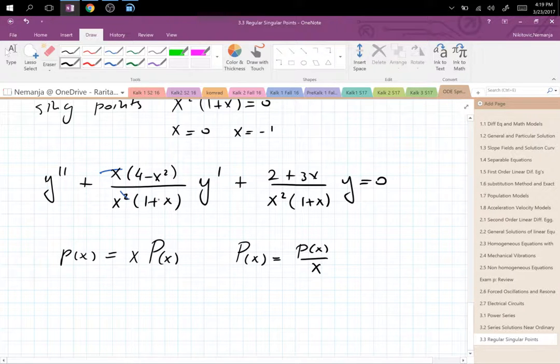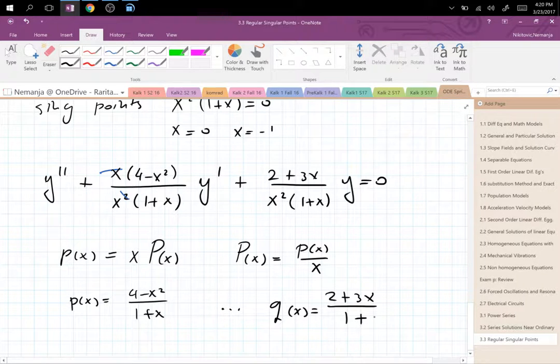You can see that the lowercase p of x is given as everything else except that x. So 4 minus x squared over 1 plus x, and that's lowercase p of x. And similarly, we have for q, so q of x is going to be 2 plus 3x divided by 1 plus x.